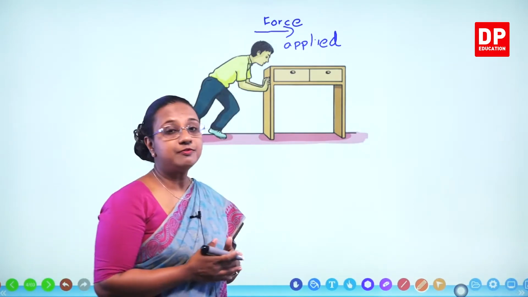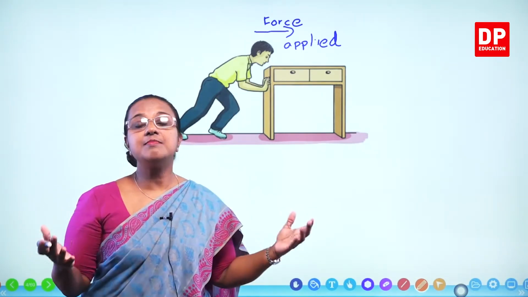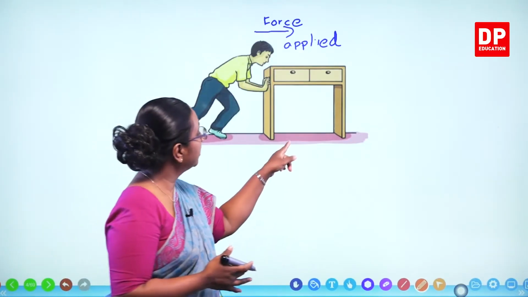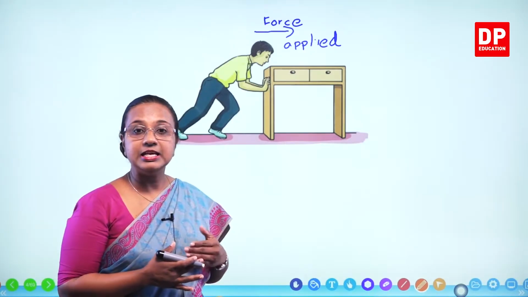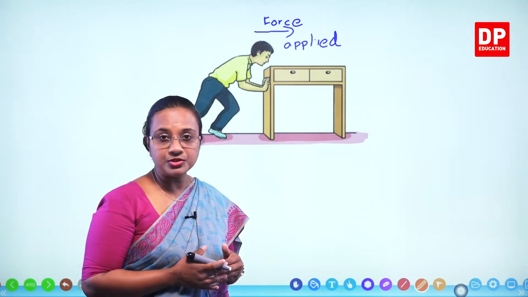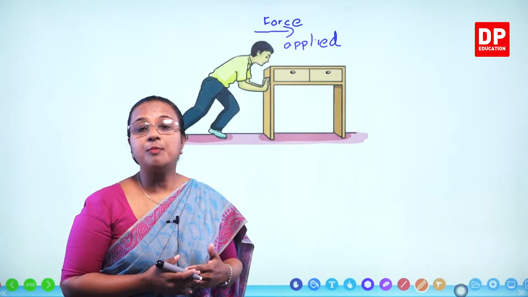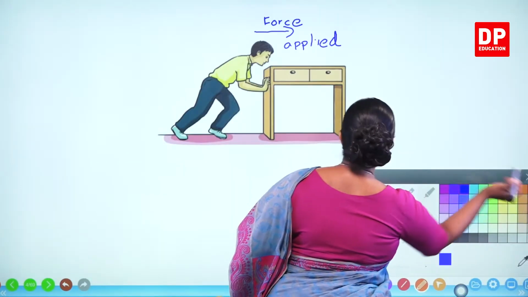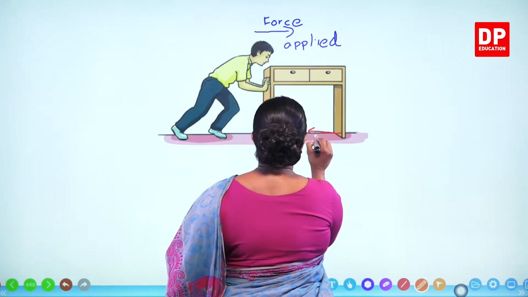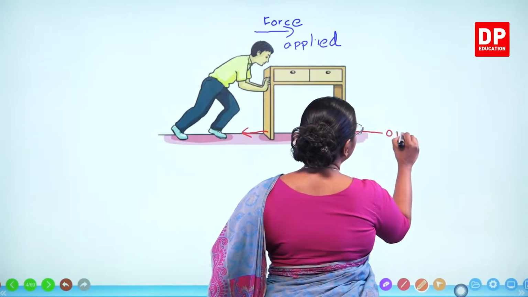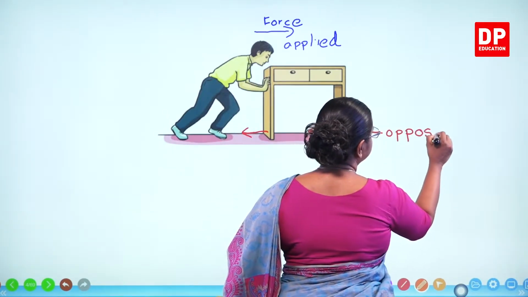We apply a force, but an unbalanced force is not there because the floor is exerting a force that is equal to the applied force and in the opposite direction. So here what will happen is the floor will exert forces in the opposing direction.